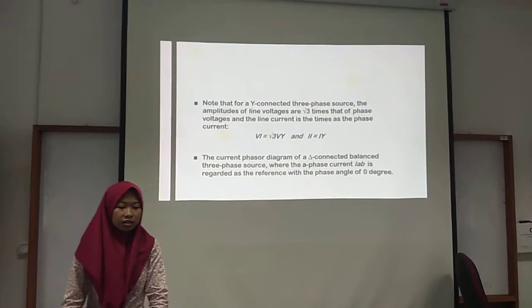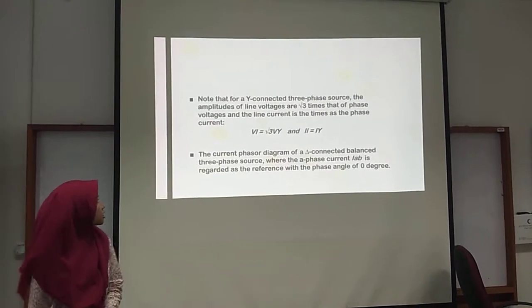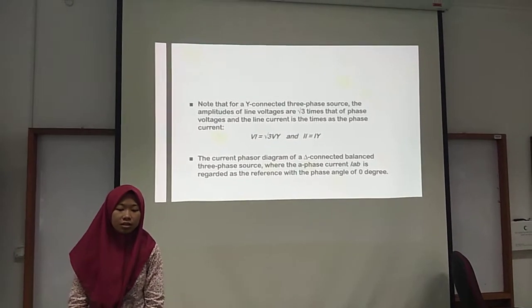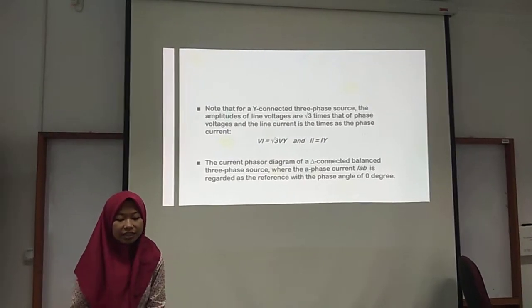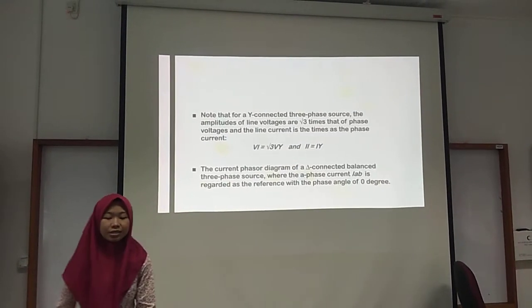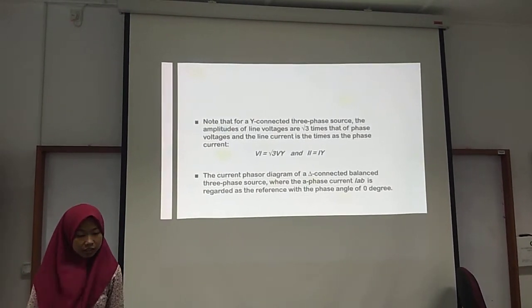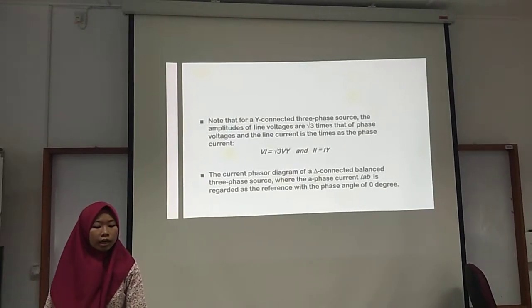Note that for a Y-connected three-phase source, the amplitude of the line voltage is √3 times that of the phase voltage, and the line current is the same as the phase current. VL equals √3 VY and IL equals IY.